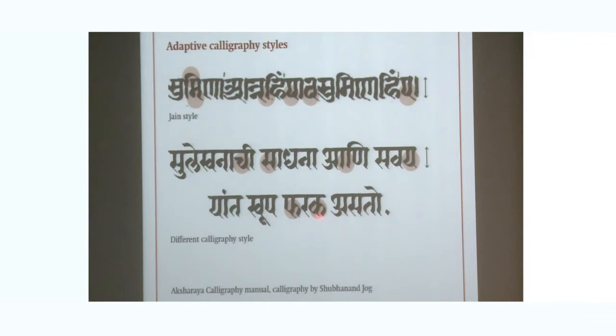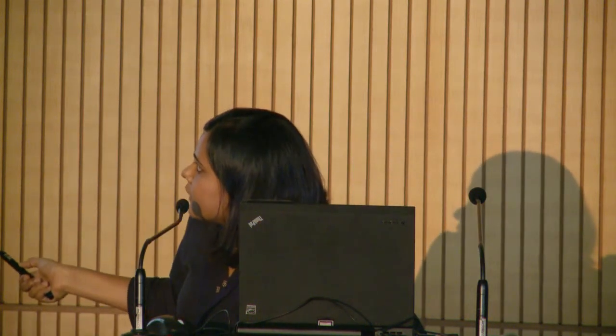Different calligraphy, yes. You can see the thin terminals and this curvature, exactly similar to the Jain style. Even in this style, the proportion is treated as if it's Jain, but it gives a different look to the Devanagari. He even continued with the top line.